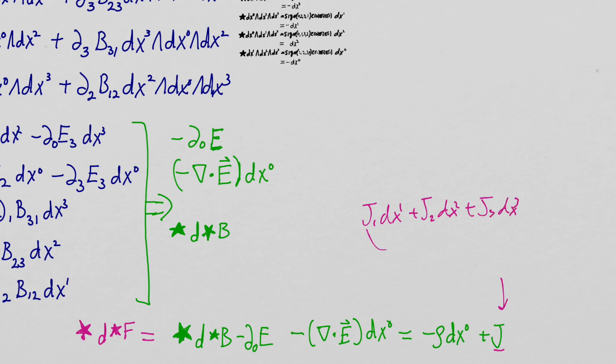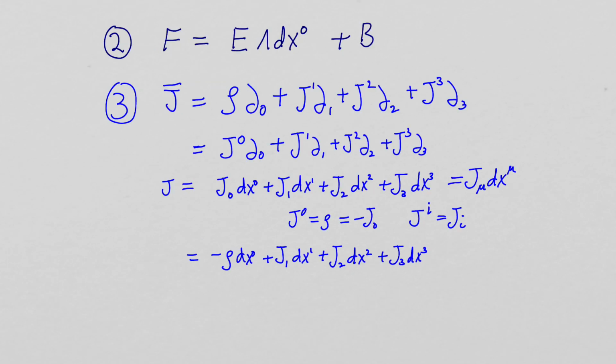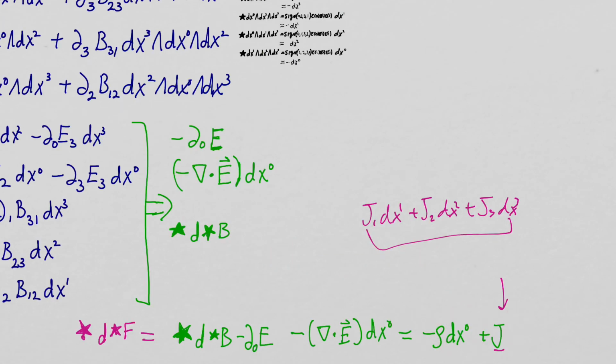It's supposed to be the spatial part of the J 1 form. So it's just these pieces. Well, actually, it's best to look at it right here. The dx0 part is minus rho, and then the J part is right here. And that's what's on the right-hand side here.